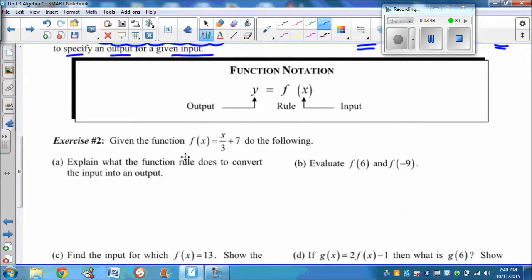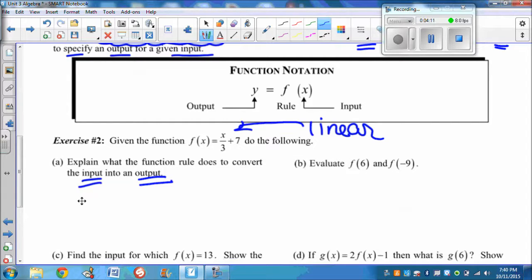So if I'm given this function, f of x is equal to x divided by 3 plus 7, it says do the following. And again, this one is linear. Explain what the function rule does to convert the input into an output. So meaning when you put an x in, what does this function rule do?